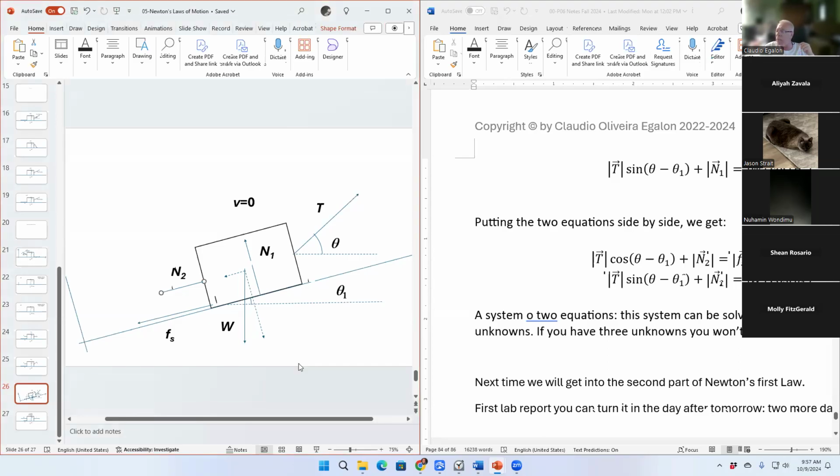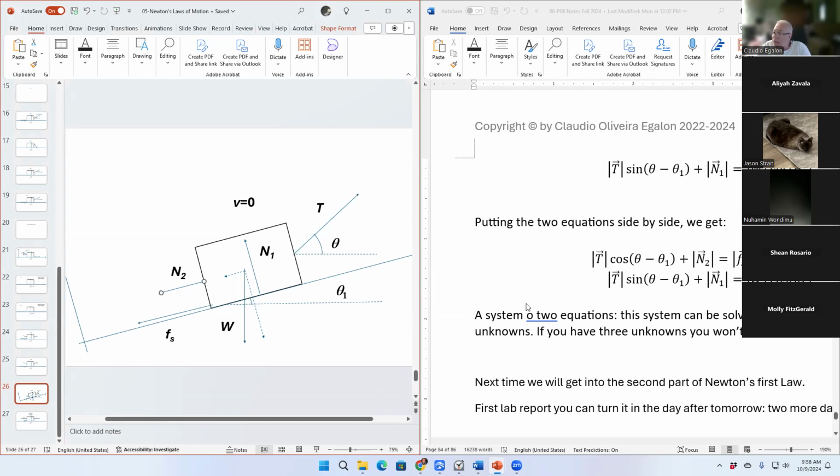And the force of friction also is always going to be there unless you're playing with a frictionless surface. So that's what I mean by regular forces: the forces that are usually always there. This tension might not be always there unless I state it to you. This normal may not be always there, but everything else will be there because we have a surface and you have a friction between the object and the surface.